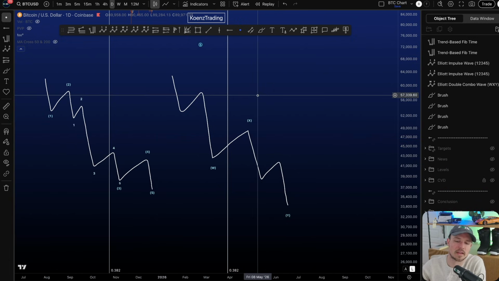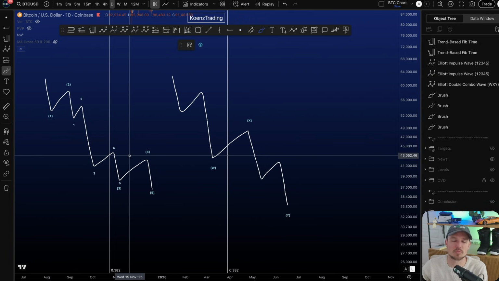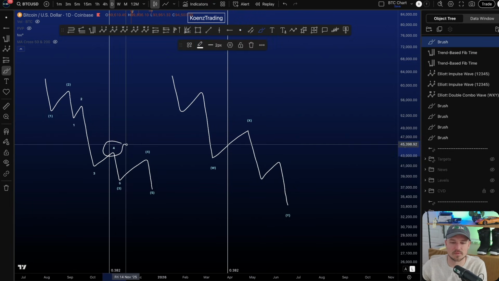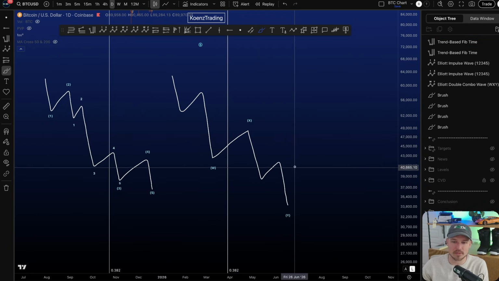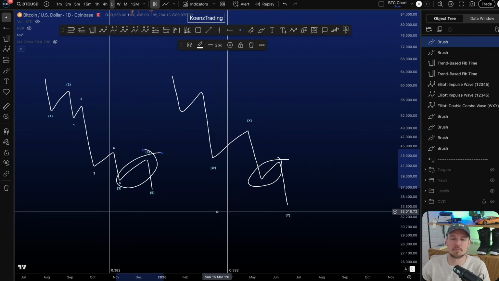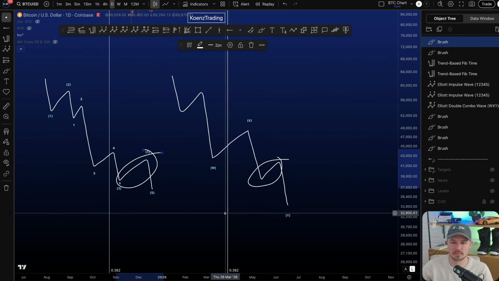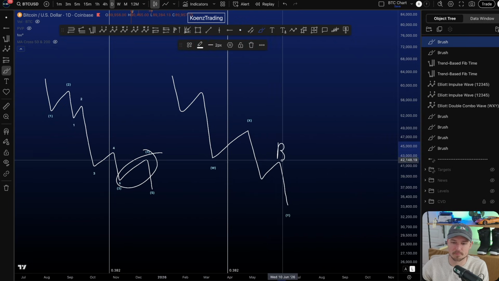So if wave X is very short, then it's more difficult to distinguish the 4 against the X. However, even if that happens, this is your next range. And now you're comparing the higher degree 4 against a lower degree wave B.